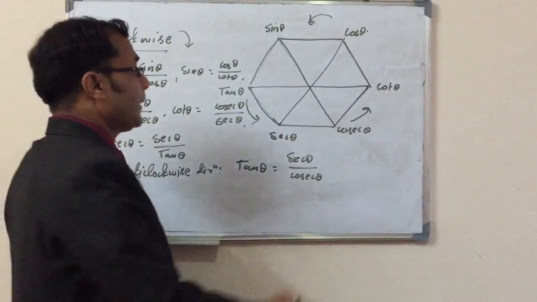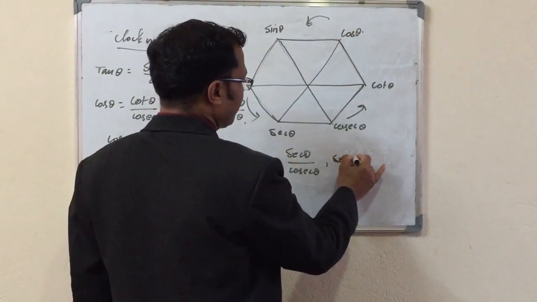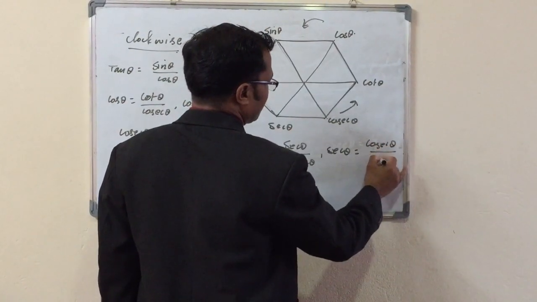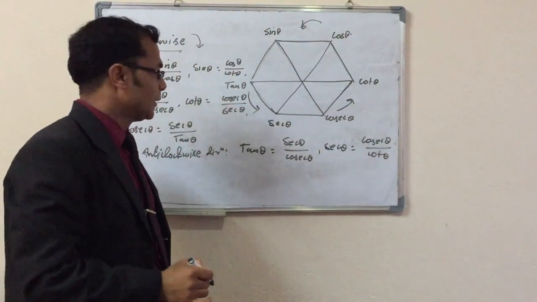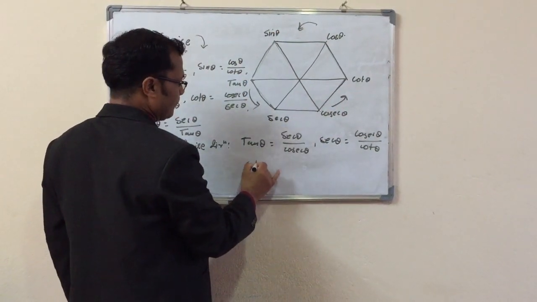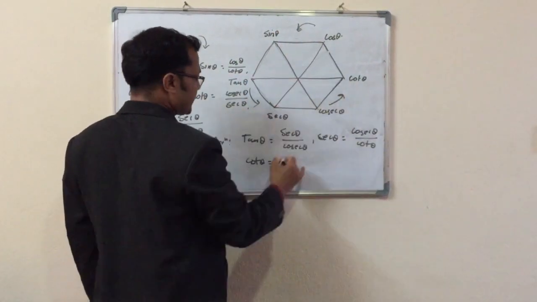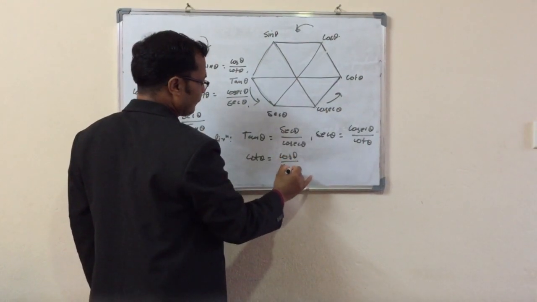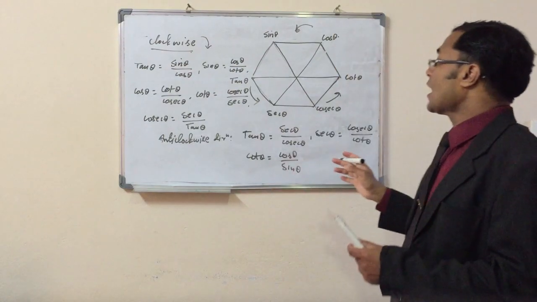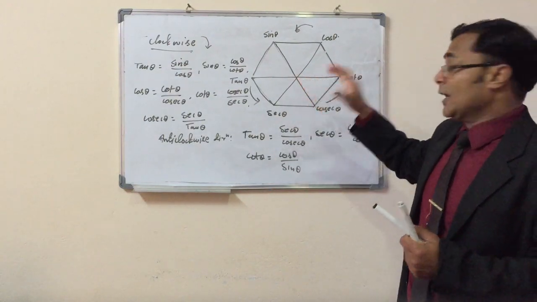Again, if you want to find sec theta, then cosec by cot. If you want to find cot theta, then cos by sin. So this is a special trick. This is how you're going to make all these formulas.